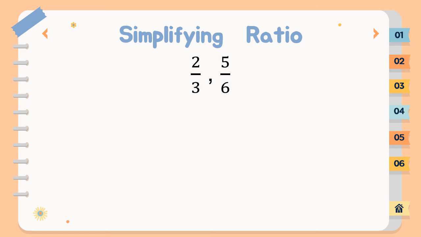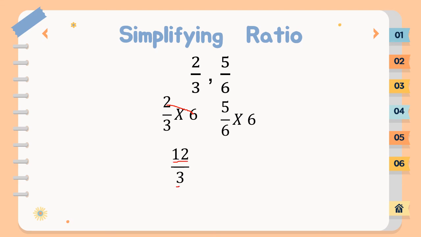So next, let's have the fractions 2/3 and 5/6. You need to think of a number such that if you multiply 2/3 and 5/6 by it, your answer will be a whole number. For example, here we multiply them by 6. So 2/3 times 6 and 5/6 times 6. 2/3 times 6, or 2 times 6, is 12.